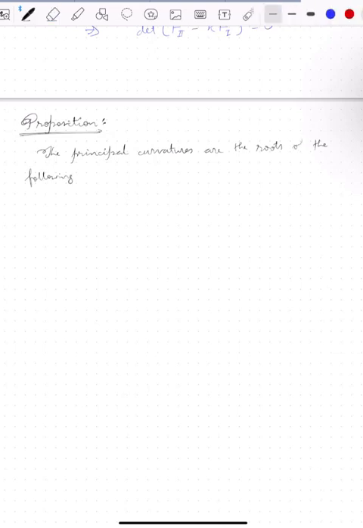The determinant of L minus kappa E, then we have M minus kappa F, then we have M minus kappa F, and then finally N minus kappa G. This is equal to 0, right?